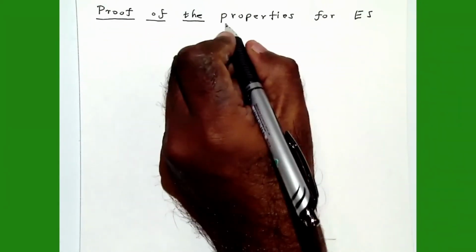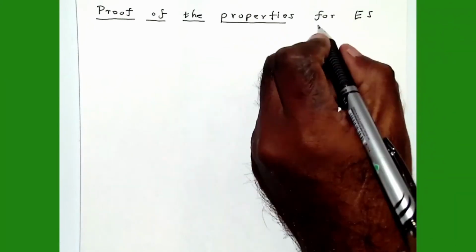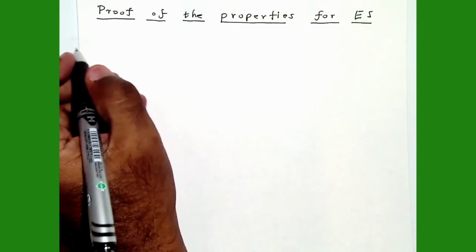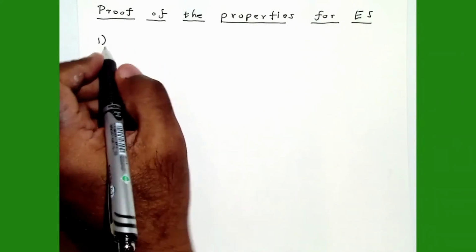Okay. Right. So I'll start with number 1, which is the normalized property.